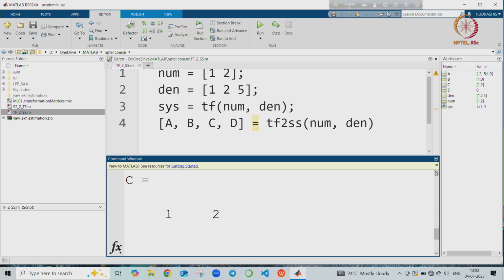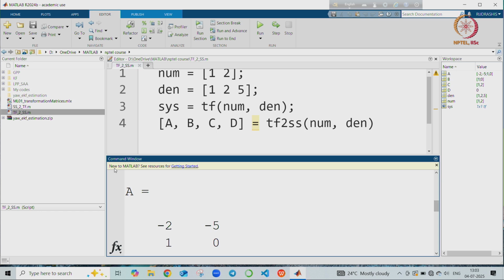So this is what happens when we simulate this system to get from transfer function form to state space representation. This is what you can do by having your own system and then transforming it into a different set of representation. So this is what we get as the system matrices A, B, C and D.